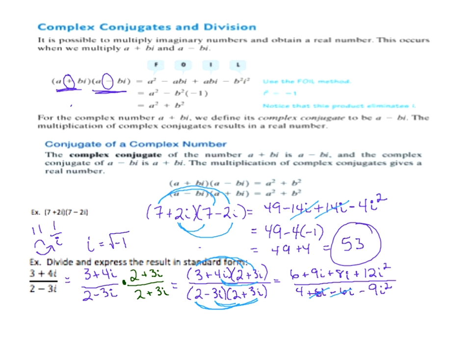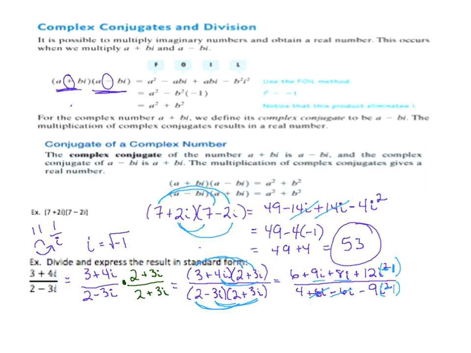So these two opposite terms go away. I have like terms that I can combine in the numerator. And I'm also going to point out these i squares are really negative 1 that I'm going to multiply with. There's where I am so far.